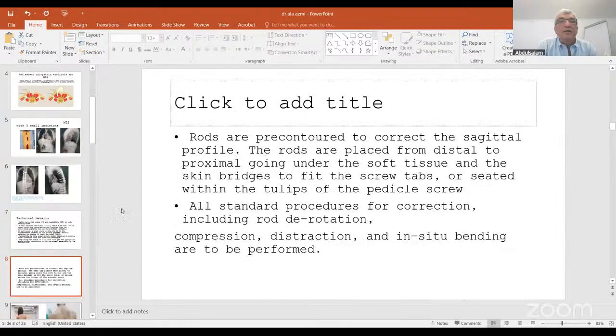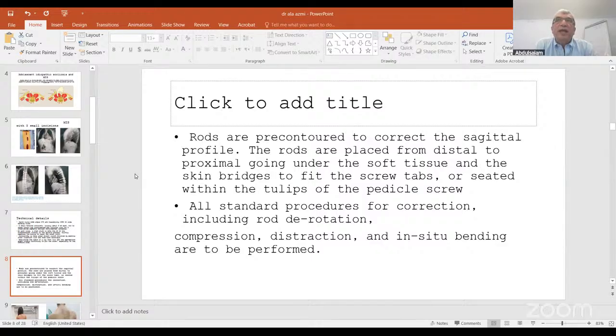And so rods are pre-contoured to correct the sagittal profile. The rods are placed from distal to proximal, always going under soft tissue, never under skin, and the skin bridges fit the screw tabs seated within the tulips of the pedicle screws. All standard procedures for derotation correction, sometimes with in situ bending, compression, or distraction, can be done within the small incisions.